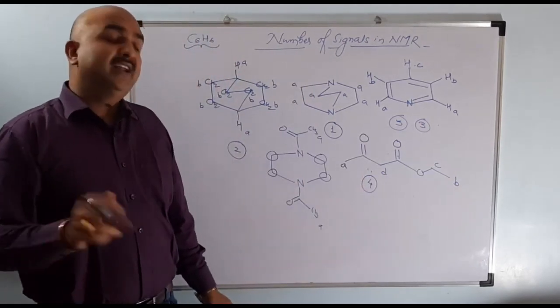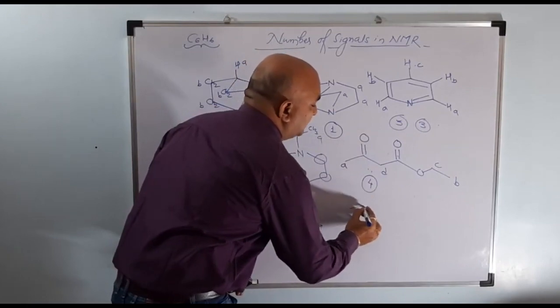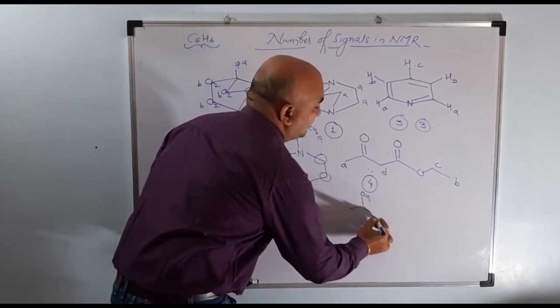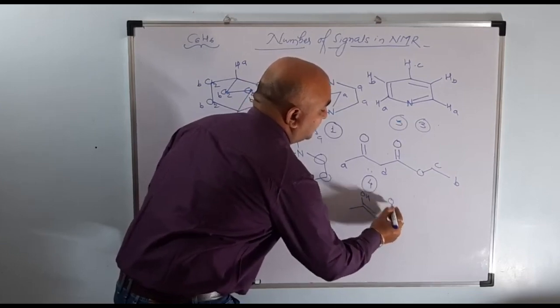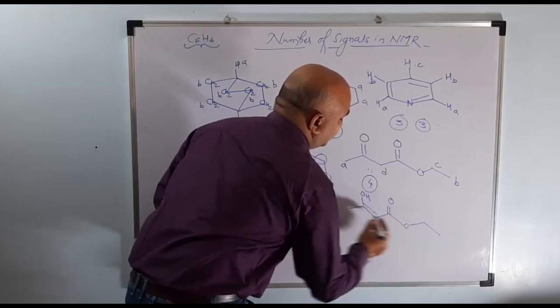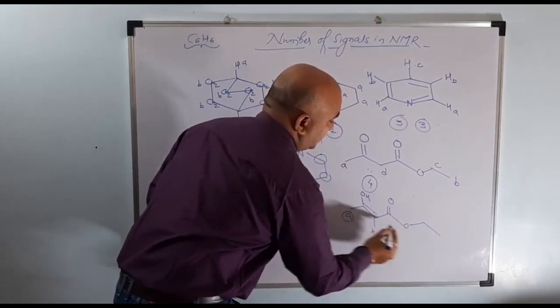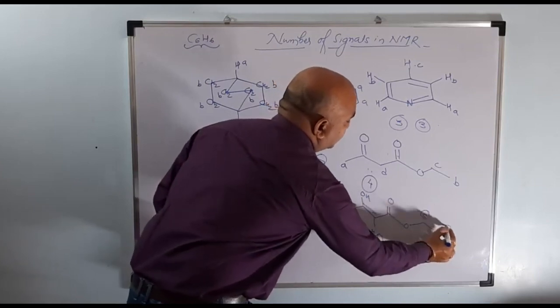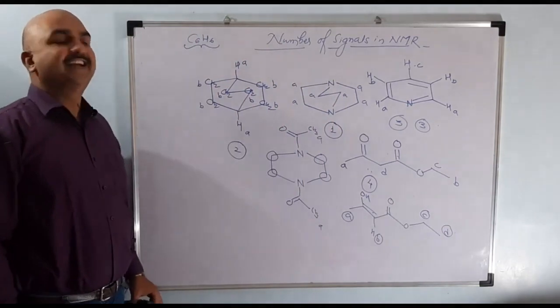But when this compound goes into ketoenol tautomerism, definitely it will show different types of signals. Please see. So this is A, this is B, this is C and this is D. So this is a very interesting example.